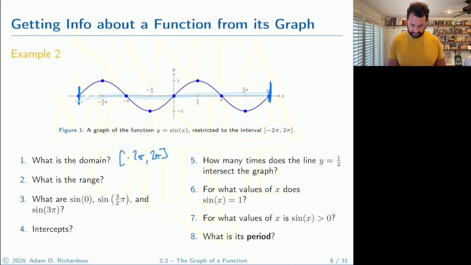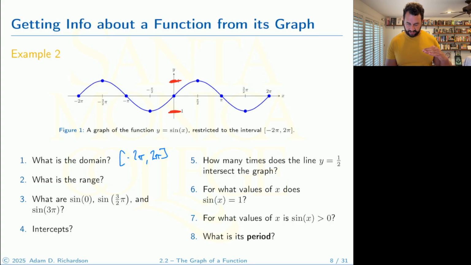Now let's check out the range. Let me erase this. So the range is the set of all the possible outputs. And now what we're doing is we're looking at the y-axis, right? Looking at the y-axis, there's a maximum here. Let me change the color. There's a highest point that the graph ever reaches, and it's right here at 1. And there's also a lowest point, and the graph never goes below that point, negative 1.